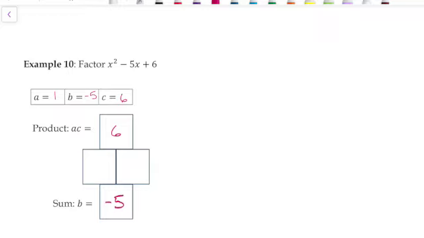So what two numbers do you know of that give you 6 when you multiply and negative 5 when you add? So 6 can be 1 times 6 or negative 1 times negative 6. That one adds to be 7, and this one adds to be negative 7 when we add them together.